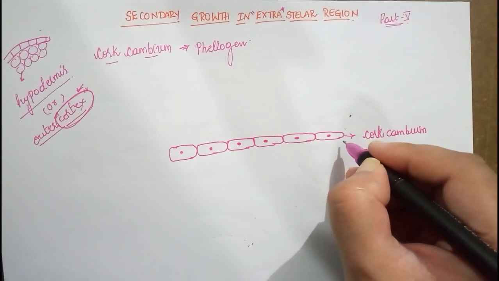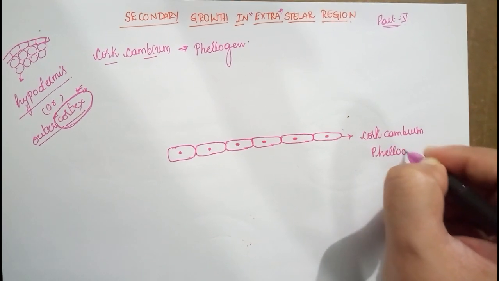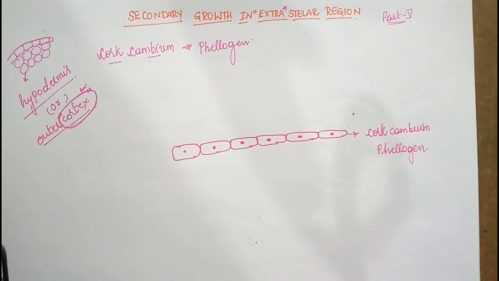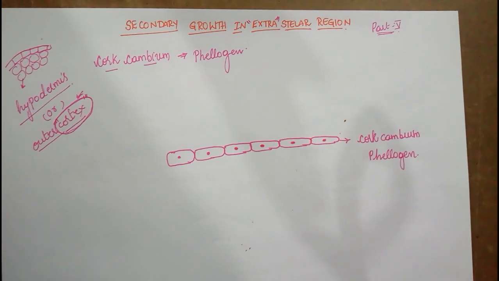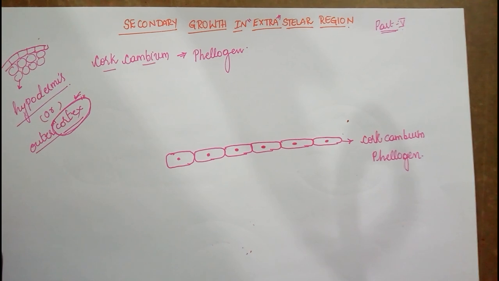This cork cambium is also called phellogen. When we say that it is meristematic, obviously it will show rapid division.